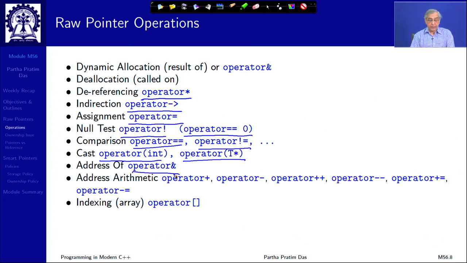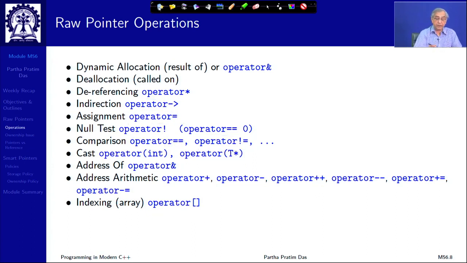I can do address arithmetic. The meaning of that arithmetic is a little different, as you know, but I can add an integer to or subtract an integer from a pointer. I can index into an array. So, there are so many things that I can do with pointers. Of course, the core being these two. Right? Now, some of these are really useful, whereas some of these are really a pain.